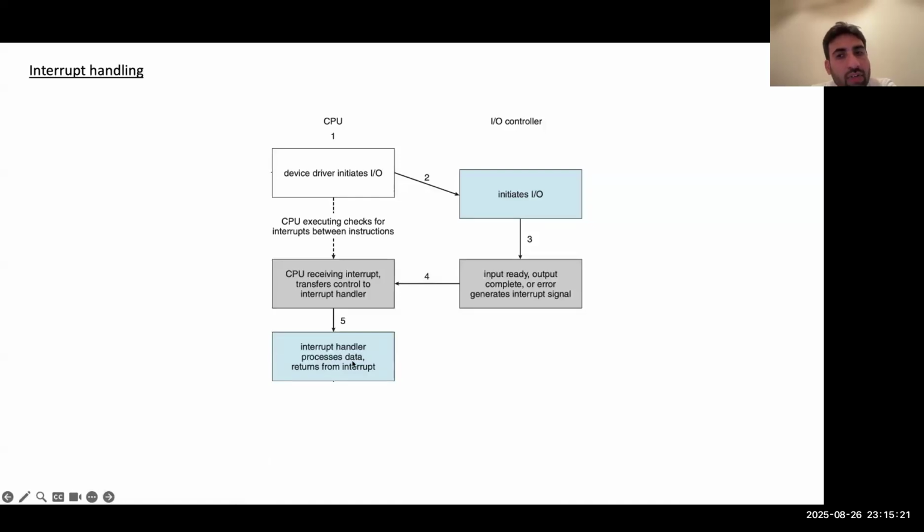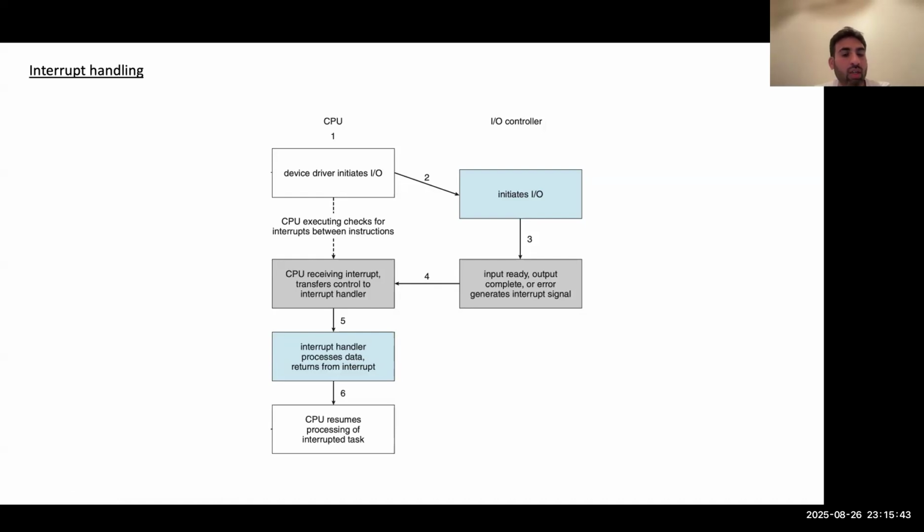Which data? The data which is placed by the device controller in its local buffer, retrieved, let's say in the previous example, from disk. The interrupt handler will process that data from the local buffer, and once it is done processing that data, it will return from the interrupt.